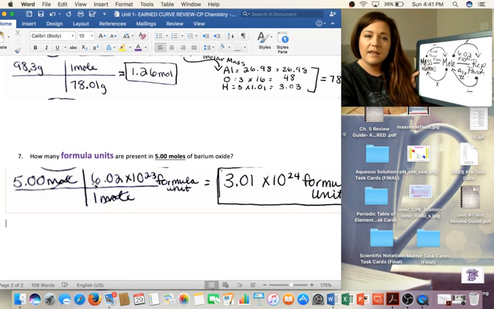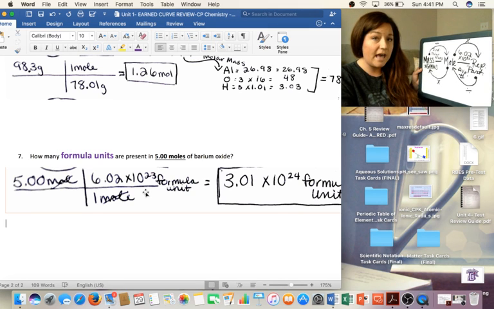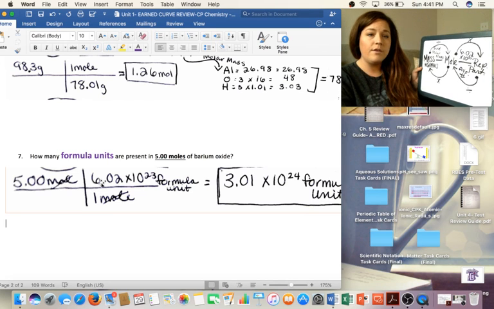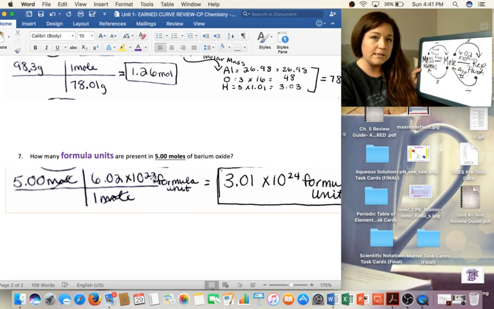And I know that there are 6.02 times 10 to the 23rd formula units, Avogadro's number, which represents the representative particles, for every 1 mole. Just like there is a dozen eggs in 1 carton of eggs, there are 6.02 times 10 to the 23rd formula units for every 1 mole.